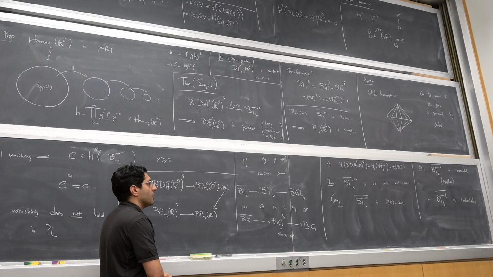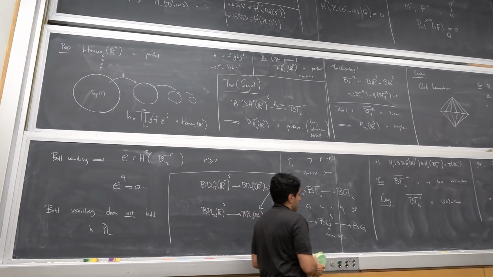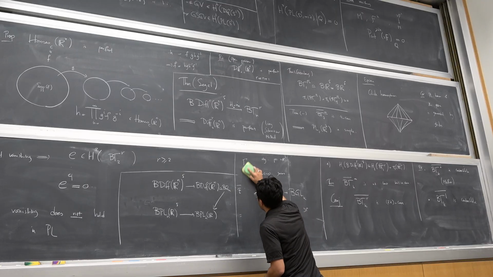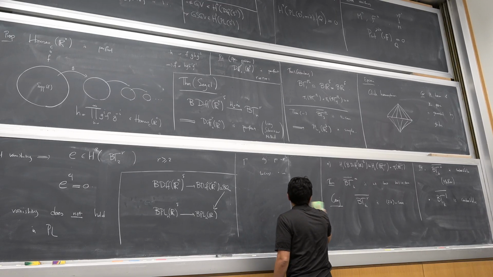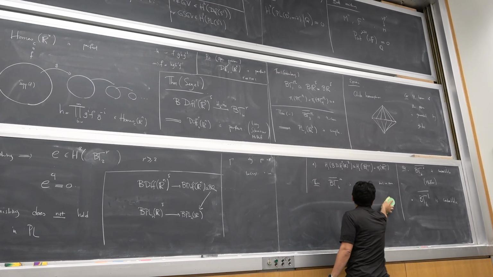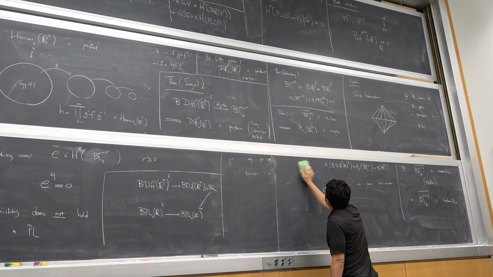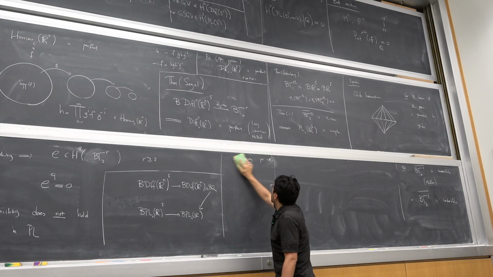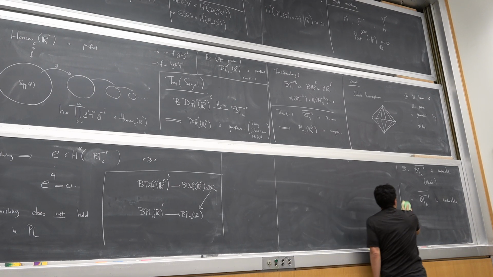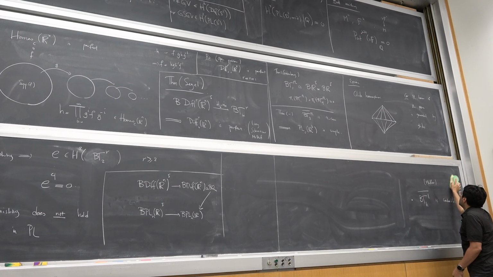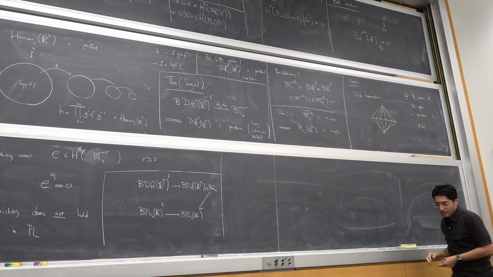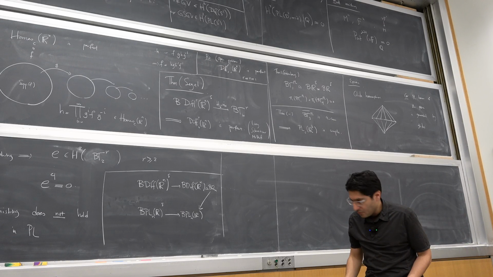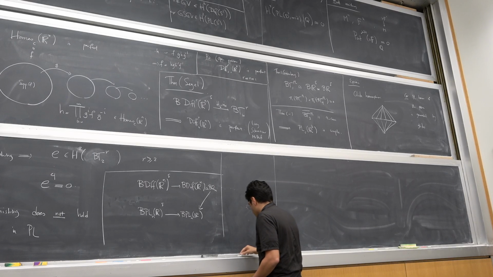Right. Okay. That was supposed to be a recap, but it took too much time. So let me now actually talk about B Gamma 1 PL by Greenberg. So I have to define some notions that Greenberg is using.